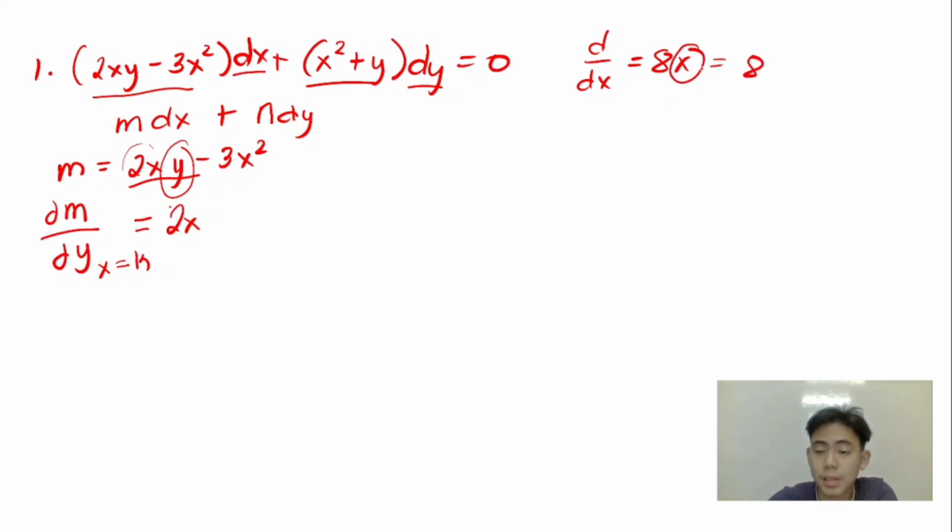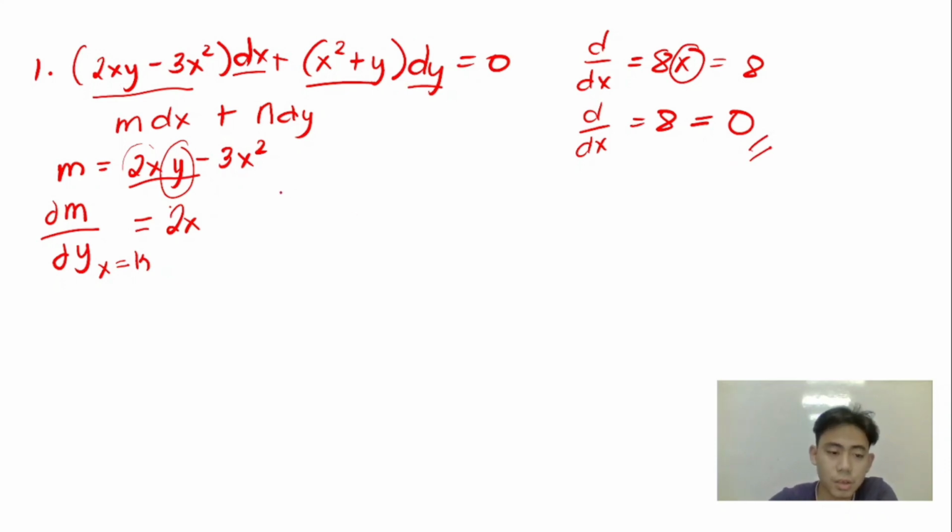Tama? Kasi ang derivative ng x is 1. So, 8 times 1 is 8. So, if you have a derivative of constant which is 8, syempre, ang sagot dyan is 0. Kasi kung ano yung derivative ng kahit anumang constant, equal siya sa 0.